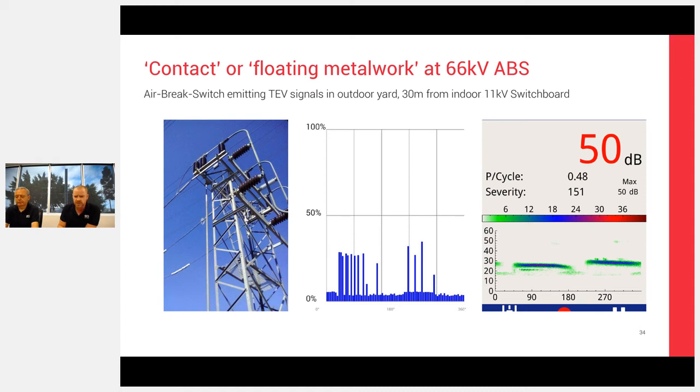So it was causing, you can see again, that big long rectangular pattern. It's actually 50 decibels out in the yard, whereas on the switchboard it was, as I said, 36 decibels in a lot of spots. And then that center graph there is what the PD Hawk captured. We're not talking about the PD Hawk much in this, but we did use the PD Hawk, and we were able to isolate the signals coming from there. Well, Neil was anyway when he was down there.